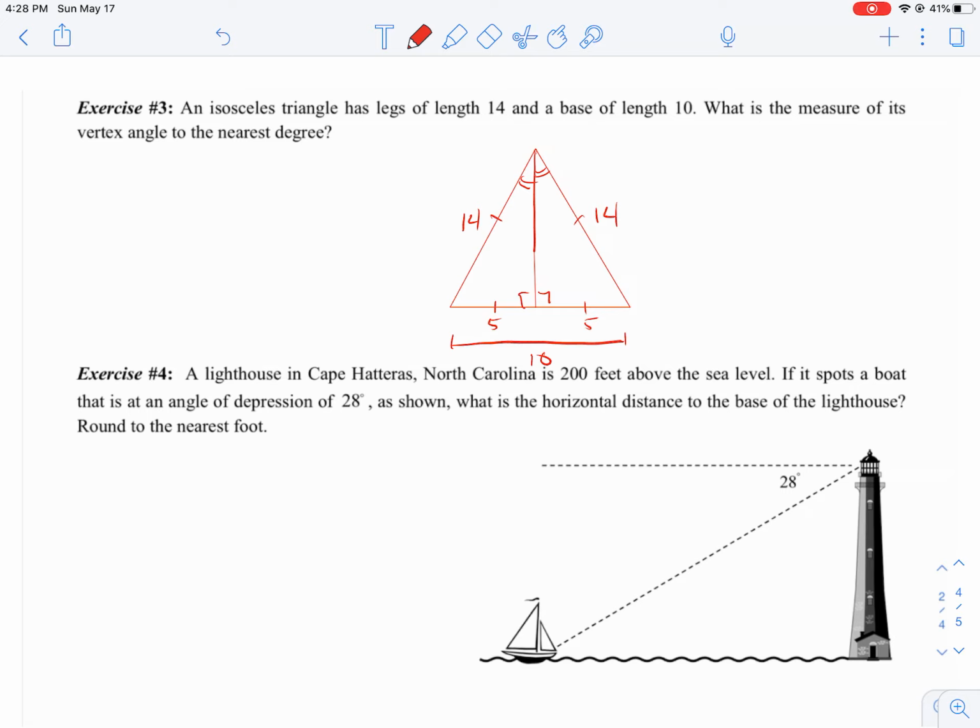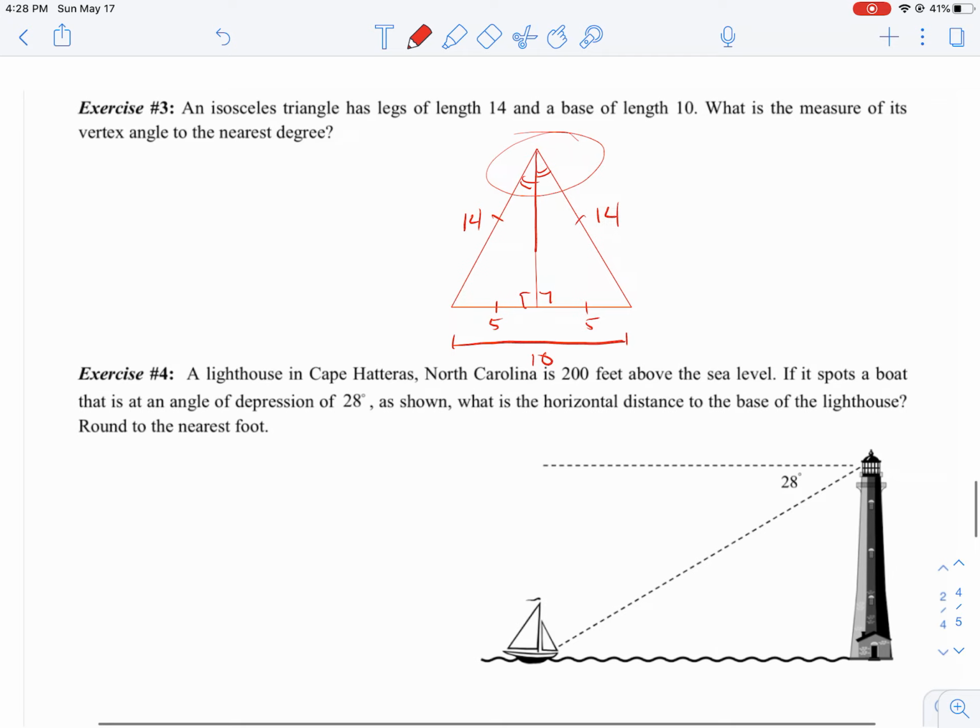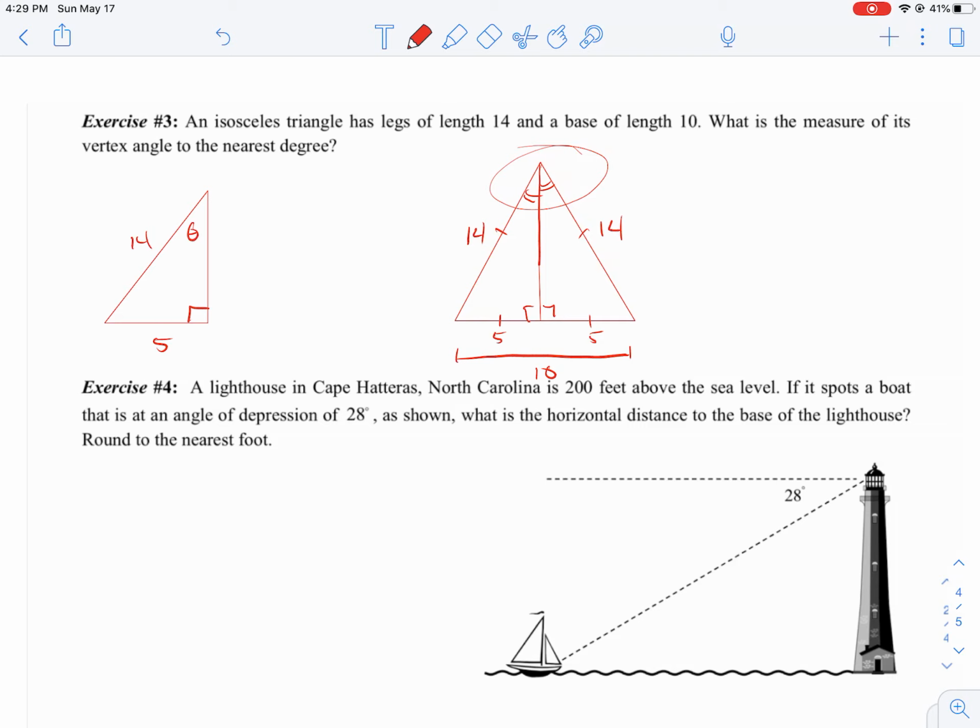Okay, so what is the measure of the vertex to the nearest degree? So what we're trying to find is that entire angle here. But in order to do so, we're going to have to find the angle of one of the smaller triangles first. Okay, so 5, 14, there's our right angle, and so we're trying to find theta here.